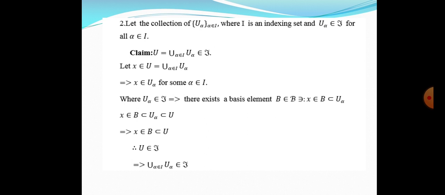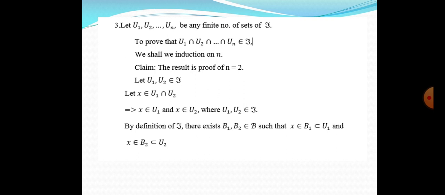That implies each U alpha also belongs to tau. Therefore the union of U alpha belongs to tau, which means the union of elements of subcollections is also in tau. Therefore the second property is also satisfied. Next, the third property.